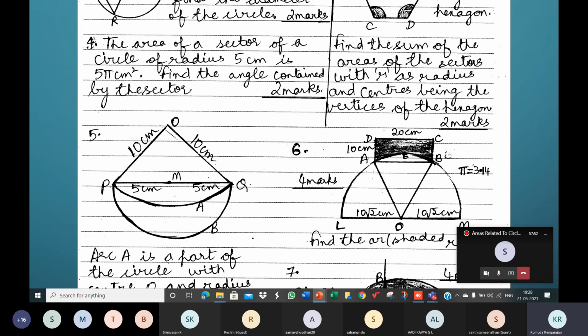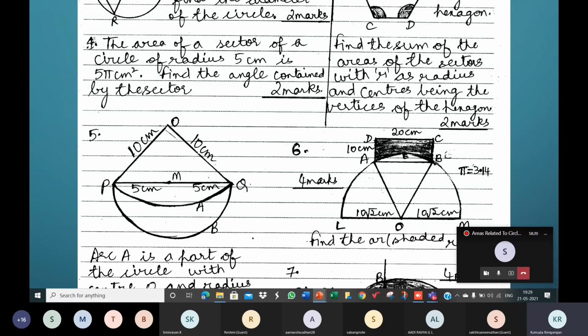Area of a sector is equal to theta by 360 into pi r square. How many unknowns are there, children, in this entire formula? Area of sector is one thing, theta, and then r. So there are three quantities in this; the others are constants.